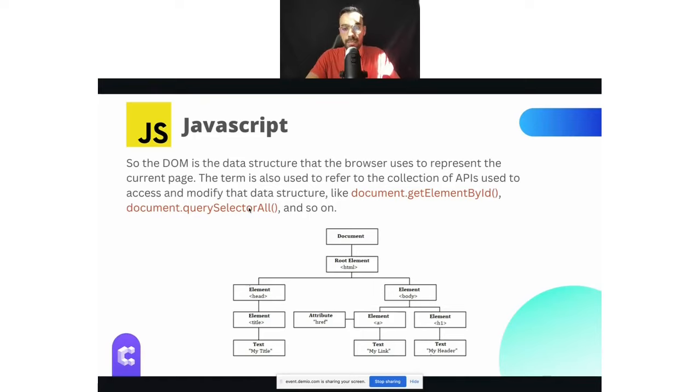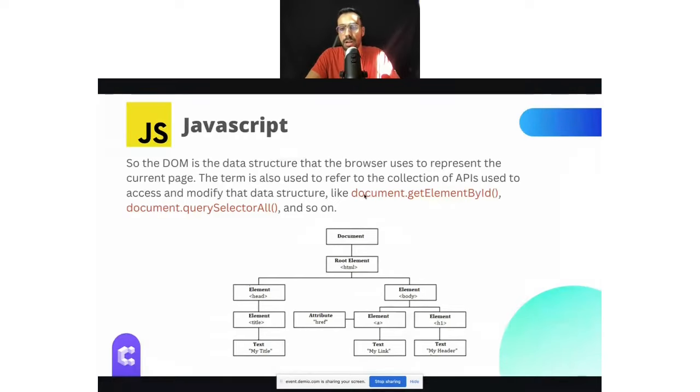So for list items, for example, the li, if we want to select all list items that exist in our web page, we can use something like document.querySelectorAll, and we add li as a string, as an argument here. And then this will return to us all the list items that we have. It will return to us an HTML node list, right? So it's not just a simple array, it's a node list. It's a list of HTML elements that you can interact with. Cool. So this is just some kind of code to select an element.